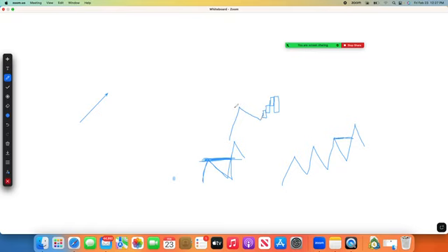Now you can see that here the liquidity is taken out. It's a takeout of the liquidity. Now the last candlestick before the trend is here. You can see this one. The last candlestick should be engulfed.